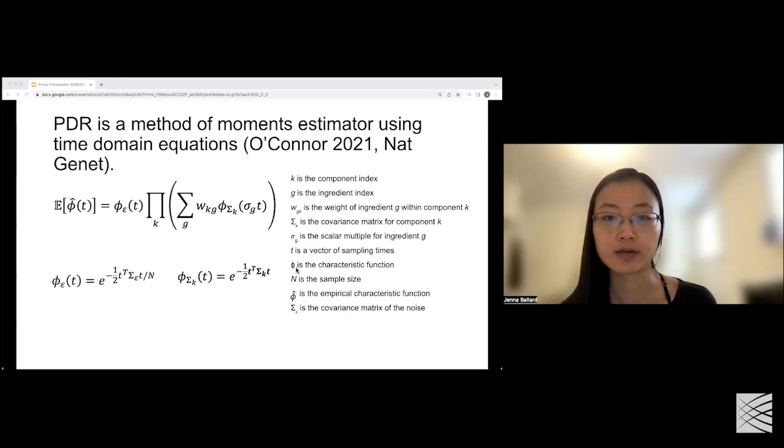Note that each component indexed by K is a mixture of Gaussians with a specific pattern covariance matrix scaled by a specific scalar multiple, sigma G. So there are G distinct mixture components specified by their scalar multiple. Since we allow SNPs to potentially belong to more than one component, where their effects are the sum of effect sizes across components, the characteristic functions for each component are multiplied.